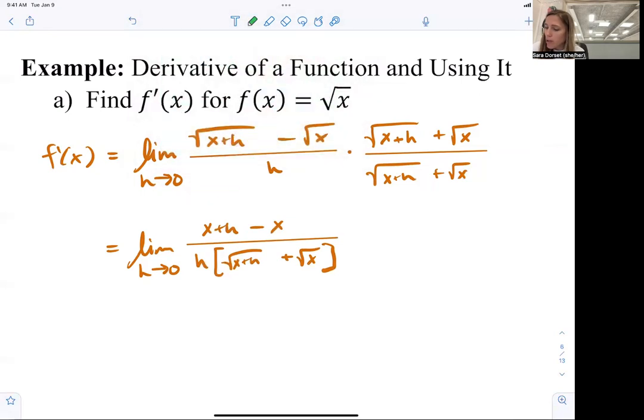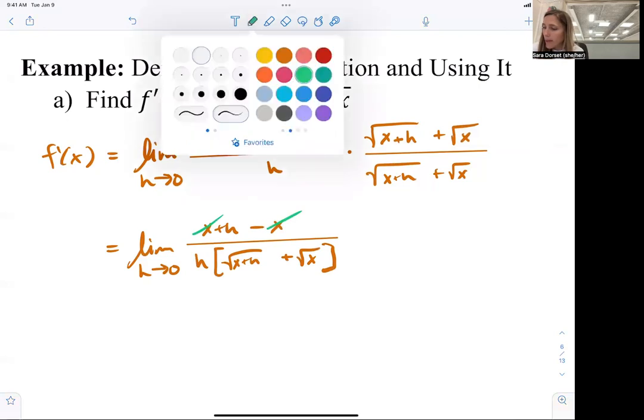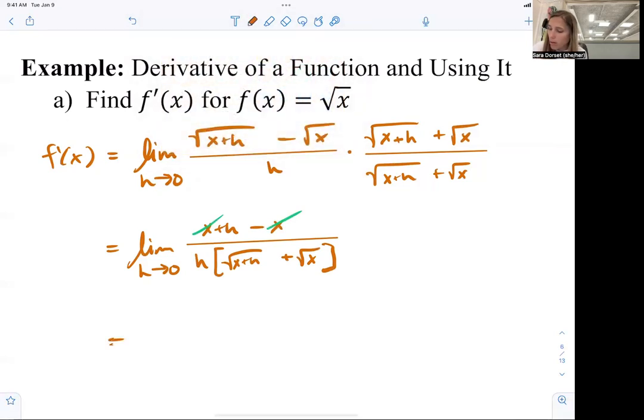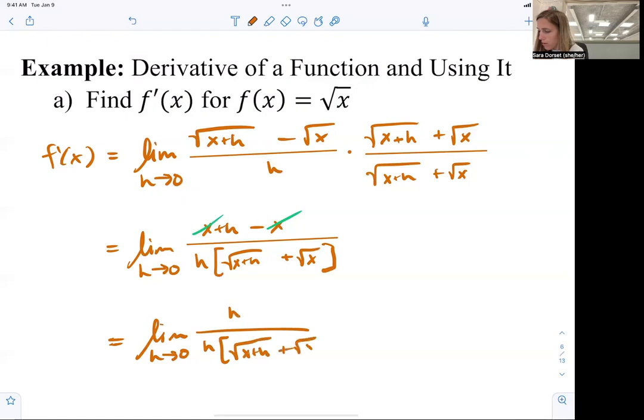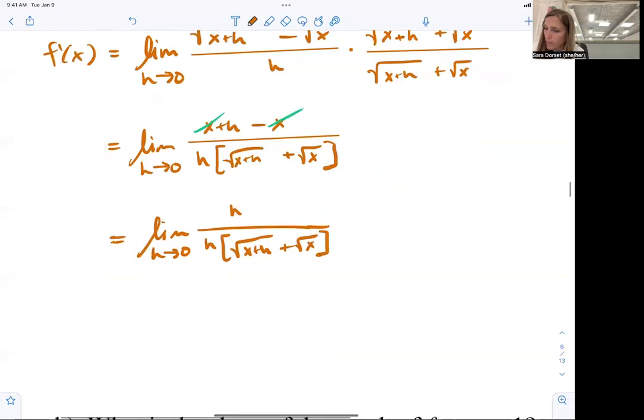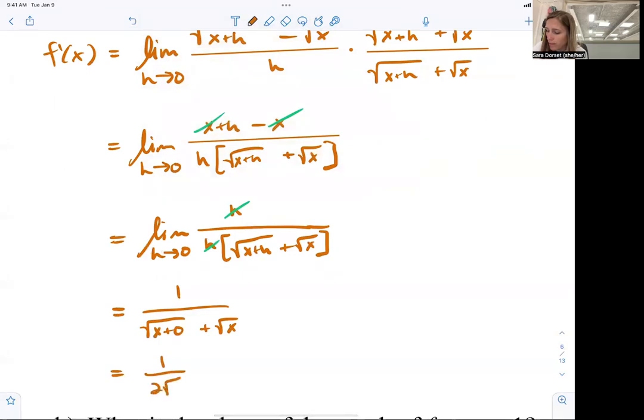The x's would cancel. And then you could probably see that h would cancel. I'm going to write it out here. So this h will cancel with this h. Once you've gotten that h to cancel, then you can use direct substitution. So we'd get 1 over the square root of x plus 0 plus the square root of x, which is 1 over 2 root x.